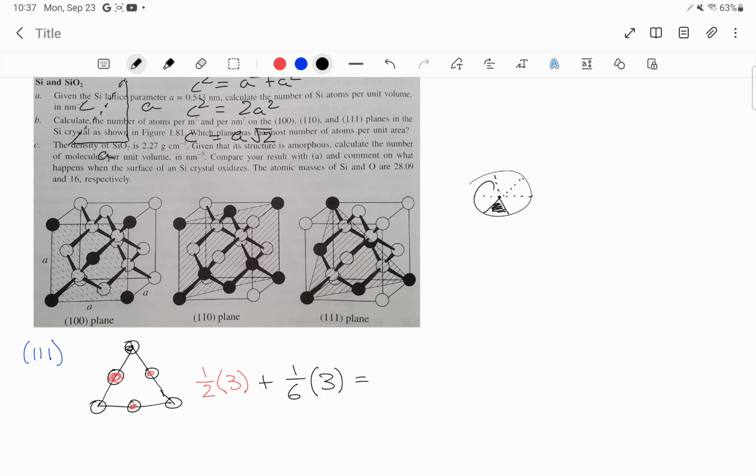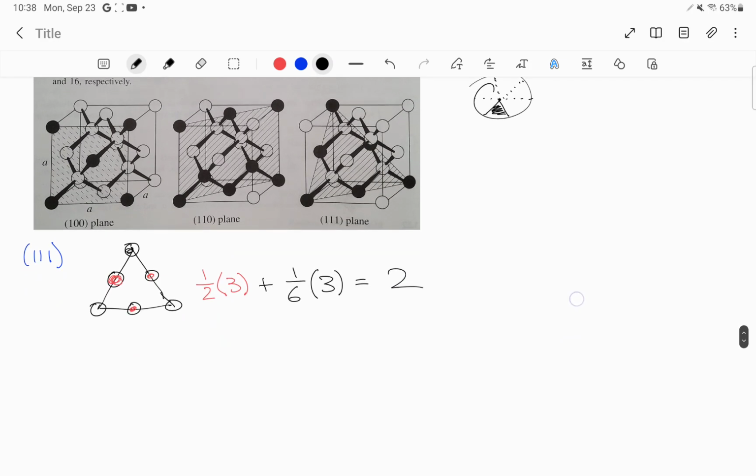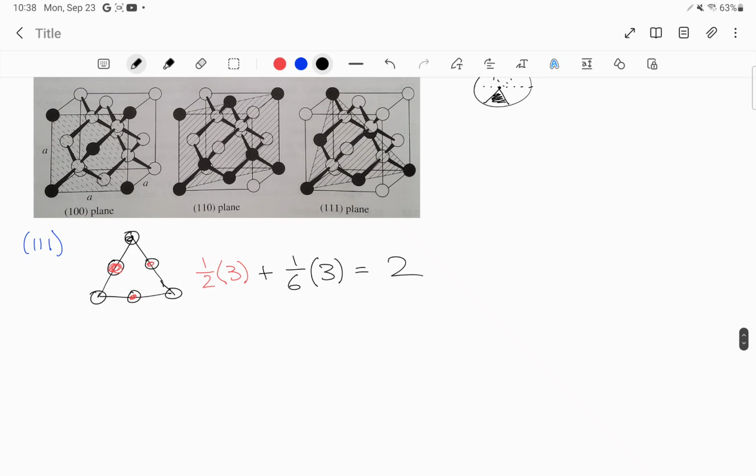So the total is going to be 3/2 plus 1/2, which is 1.5 plus 0.5, which is going to give you 2. Right? So that's going to be the number of atoms in the plane. It's going to be 2.